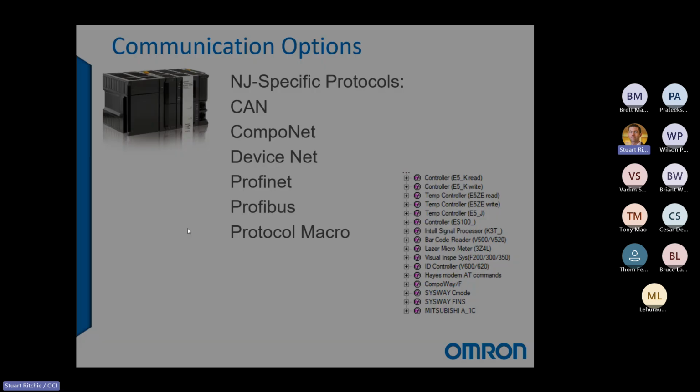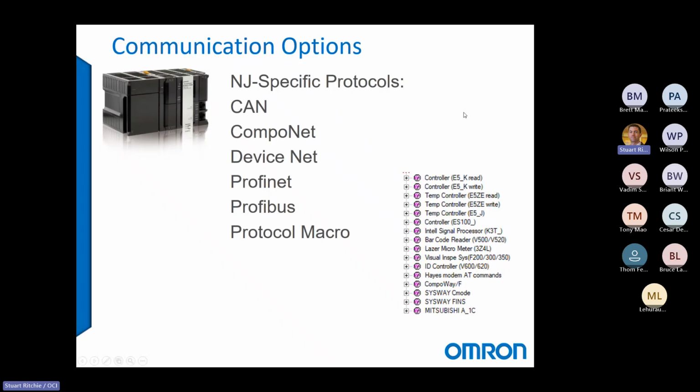So in our Sysmac line, we have NJ and NX PLCs. The NJs, which is the PLC pictured here, can actually accept CJ cards. CJ PLCs are one of our previous lines. And there's a lot of legacy protocol support in there, and a lot of specific protocols like Profibus, Profinet, DeviceNet, CompoNet, and CANopen.